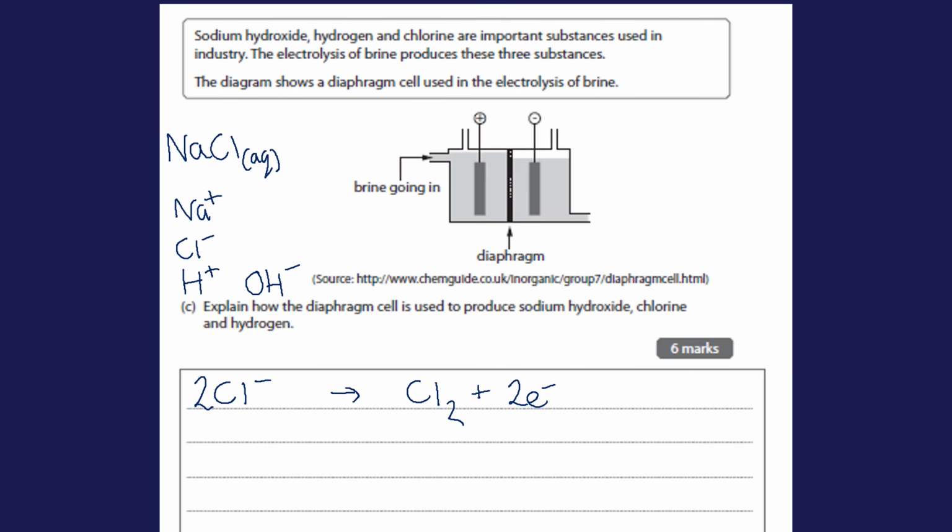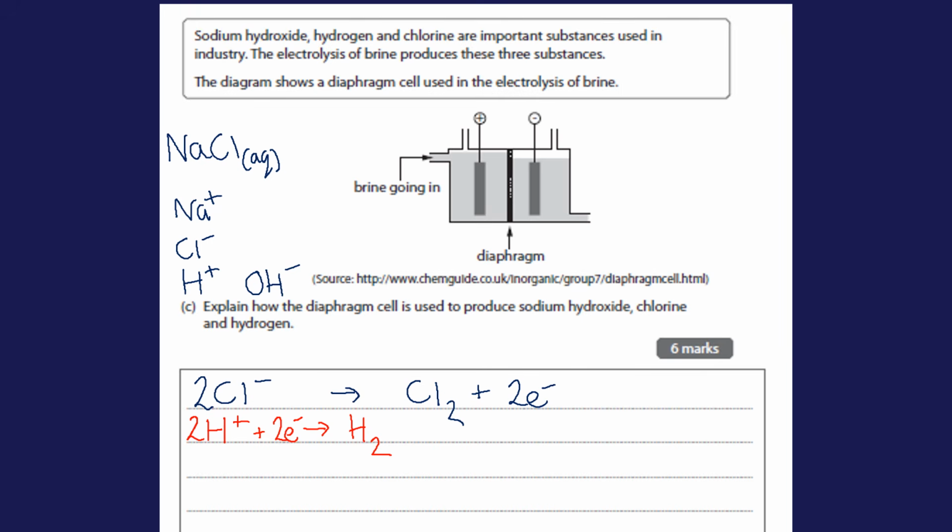Now I'm going to talk about the hydrogen. I'm going to say that hydrogen ions will be attracted to the negative electrode, where they will become hydrogen gas. In doing so, make sure it's balanced. This was the half equation. So hydrogen gas is going to be formed at the negative electrode.